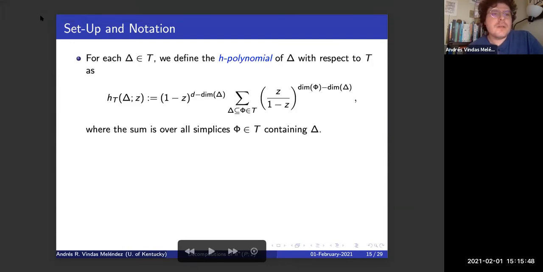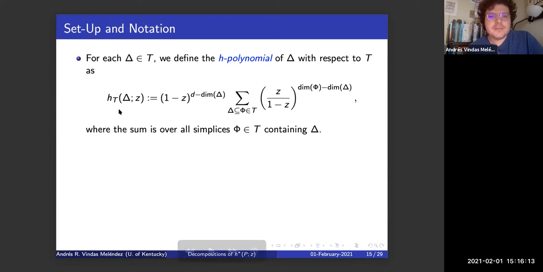And so one combinatorial invariant that we also use is this notion of the H polynomial. So for each simplex in the triangulation, we define the H polynomial to be this thing. And what is this thing? What is this polynomial doing? It's kind of keeping track of the information of the simplices of the triangulation.